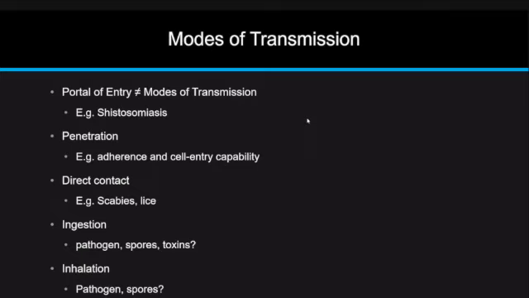All right, let's talk about modes of transmission. I will say that most pathogens present based on the way they transmit, often their portal of entry. Think about all your respiratory viruses. But it's only most. It's not a 100% rule. It's not an always.